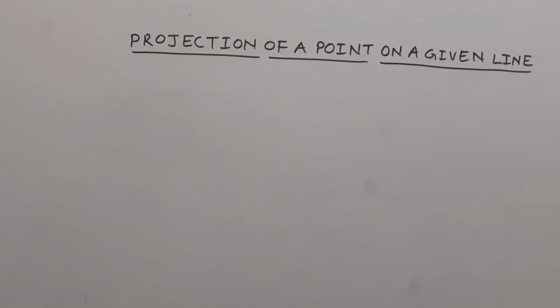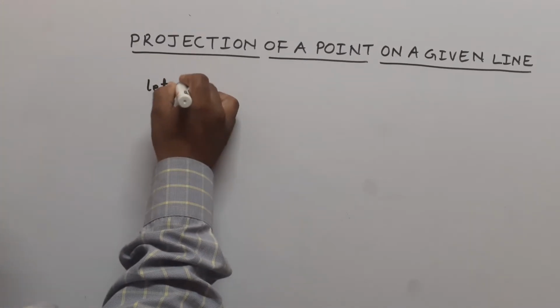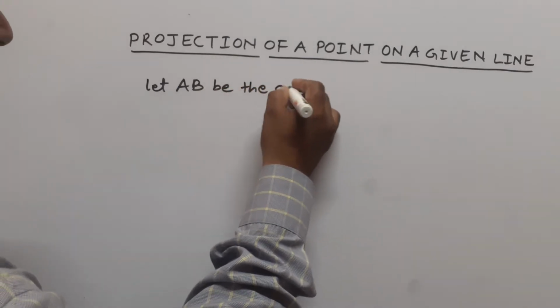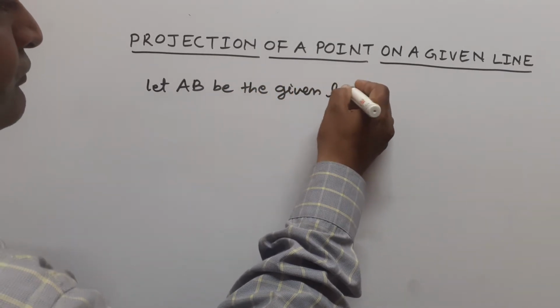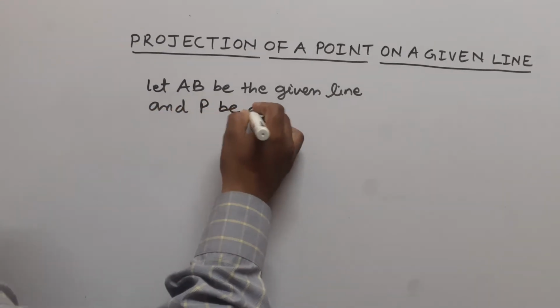What is the projection of a point on a given line? For this, we consider let AB be the given line and P be any point.